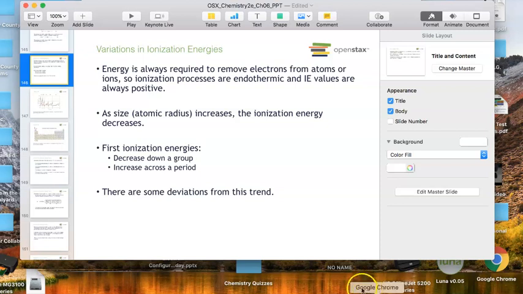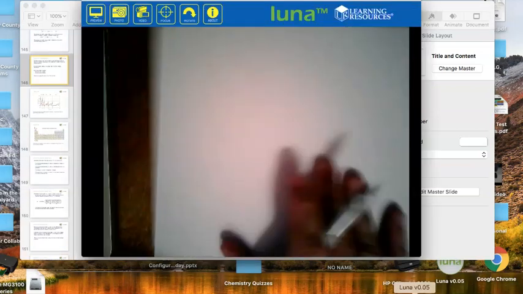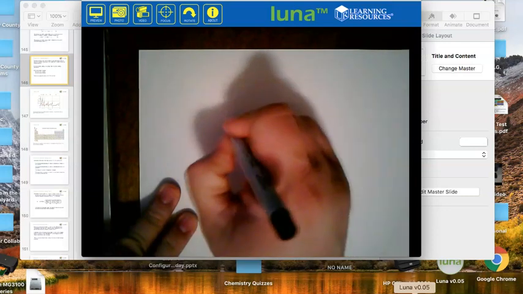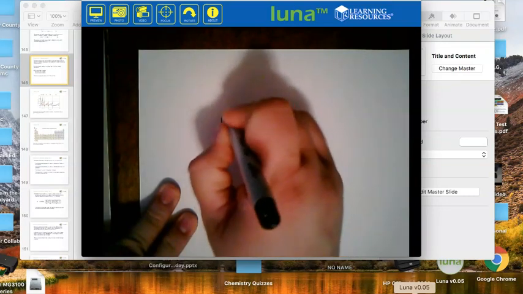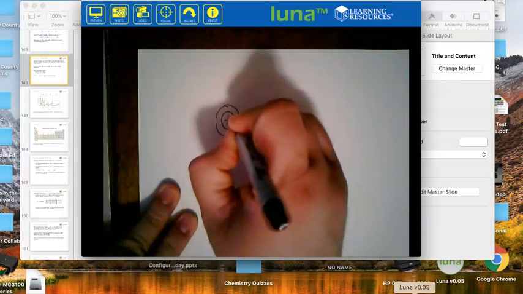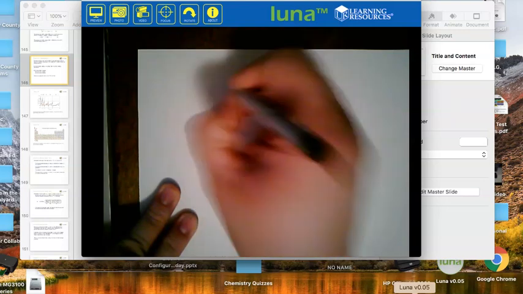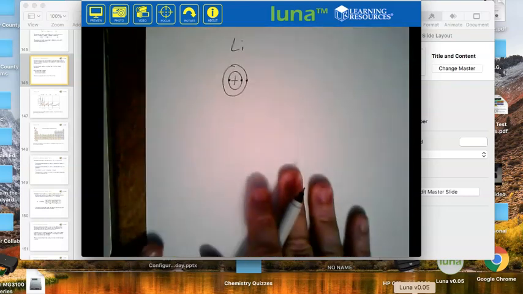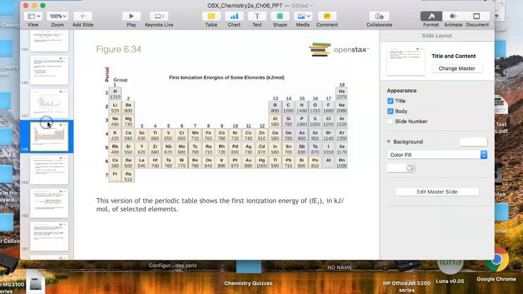So when we think of it in this way, it's easy to think about an atom that's very large compared to an atom that's very small. Let's compare these two things. I have something like lithium, and then I have something like potassium.